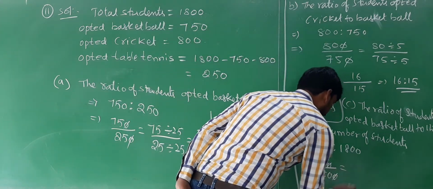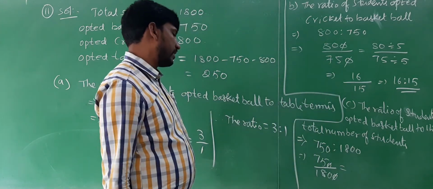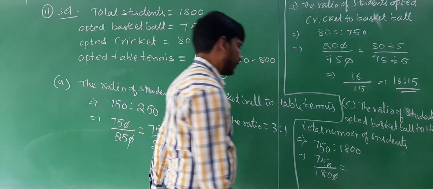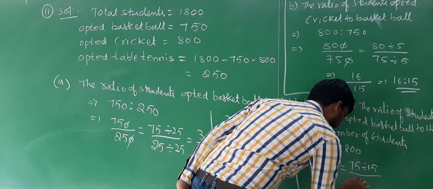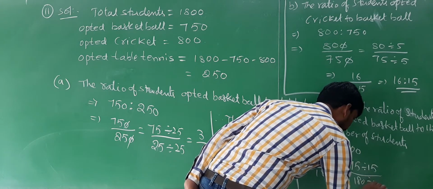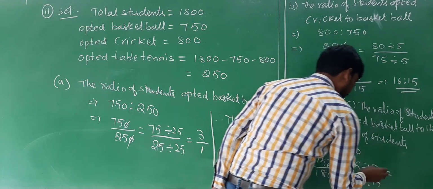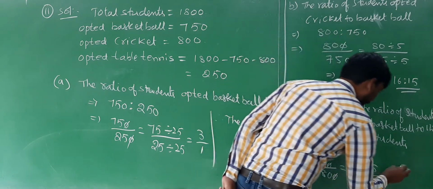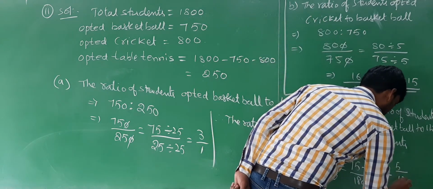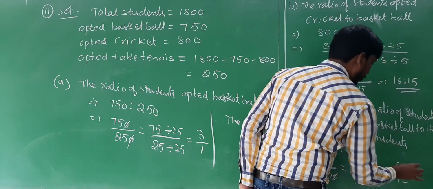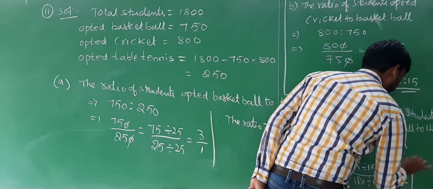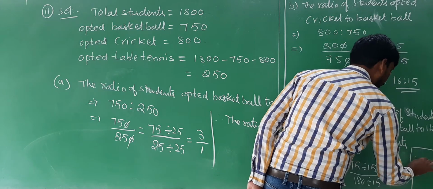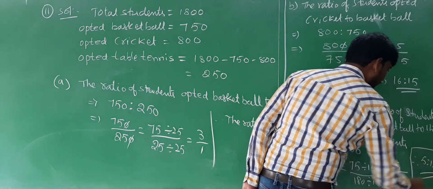Or let's take the 15 table. 75 divided by 15, 180 divided by 15. You will get 15 fives are 75, 15 twelves are 180. So 5 by 12. Therefore the ratio is 5:12.